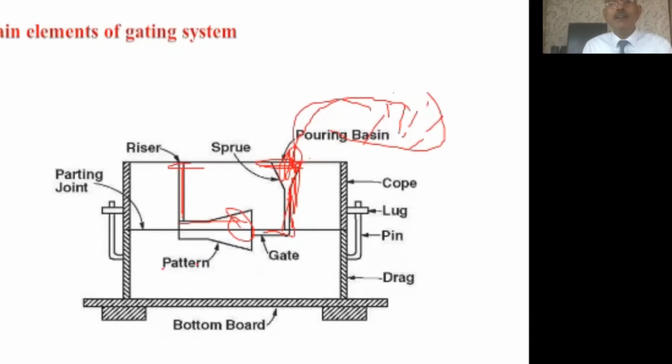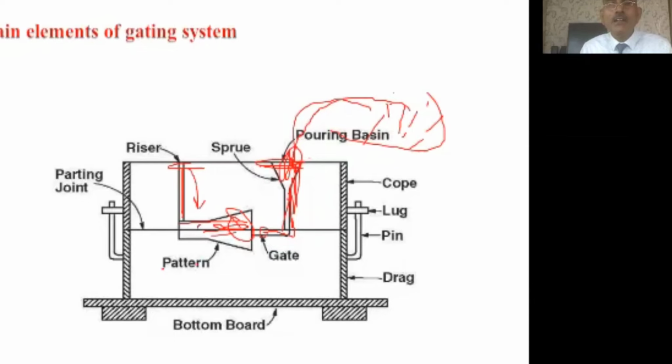In this cavity, after solidification some shrinkage will take place. Molten metal will come from this riser back here and fill it. So the gates are there to enter the molten metal inside the casting.